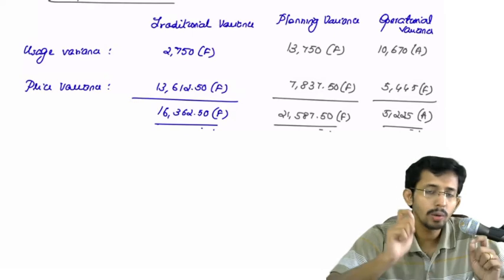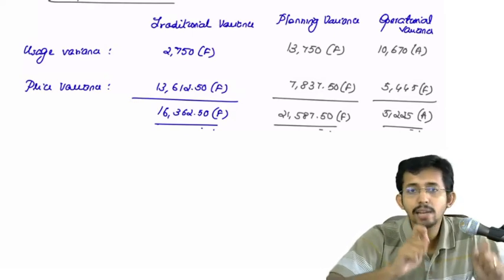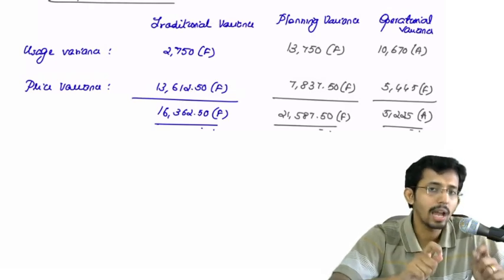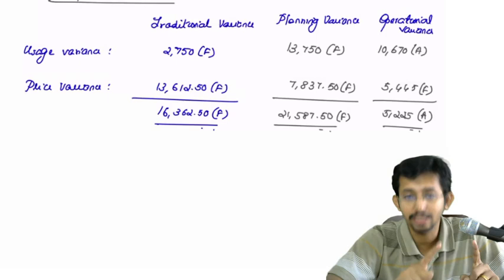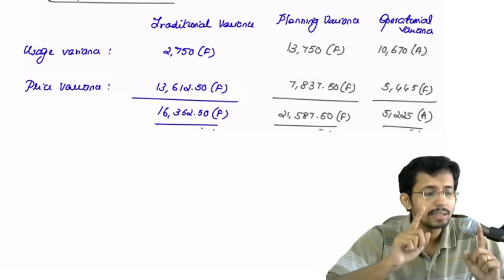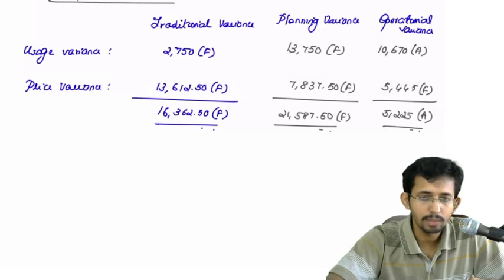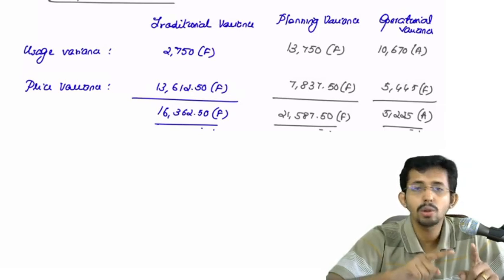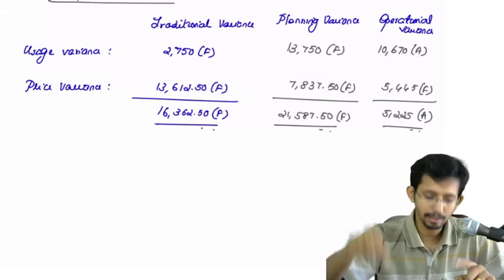That means your raw material consumption is not as efficient as it ought to be, and it has resulted in an adverse variance of 10,670, due to which the net impact of the favorable planning variance was not reflected in the profit of the company.